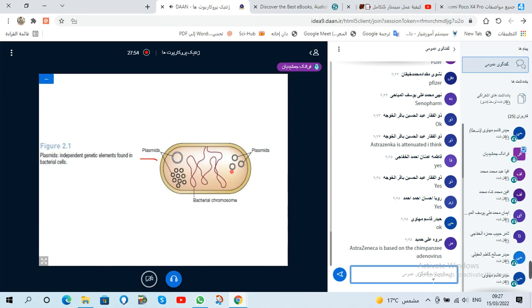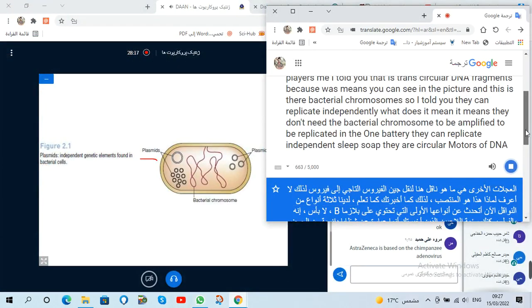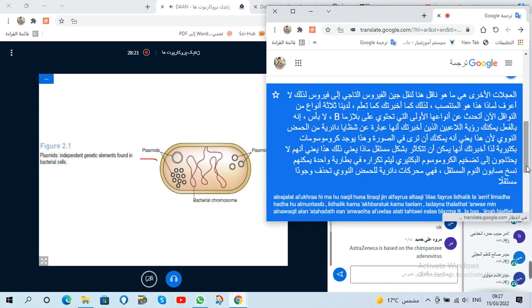What does it mean? It means they don't need the bacterial chromosome to be amplified, to be replicated. In one bacterium, they can replicate independently. So they are circular molecules of DNA that lead an independent existence in the bacterial cell.